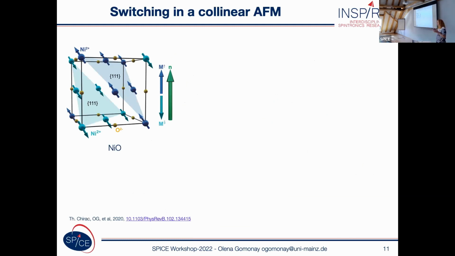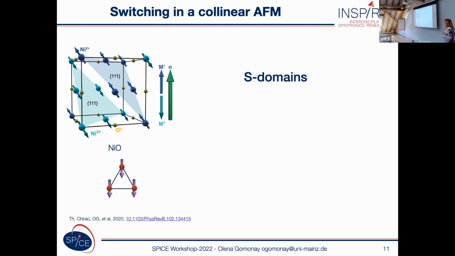which is well suited for spintronic applications. This material is well known, and it has only 2 magnetic sublattices, so it's a collinear antiferromagnet. However, if we look at so-called spin domains, there are 3 different possibilities.